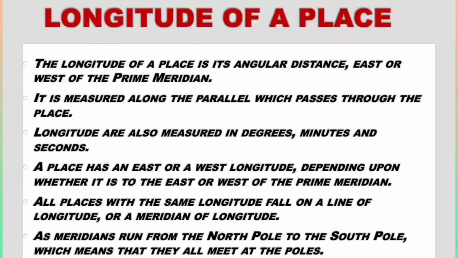A place has an east or a west longitude depending upon whether it is to the east or west of the prime meridian. All places with the same longitude fall on a line of longitude or a meridian of longitude. As meridians run from the North Pole to the South Pole, they all meet at the poles.